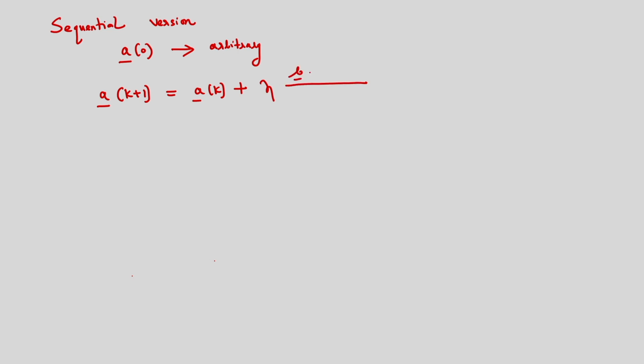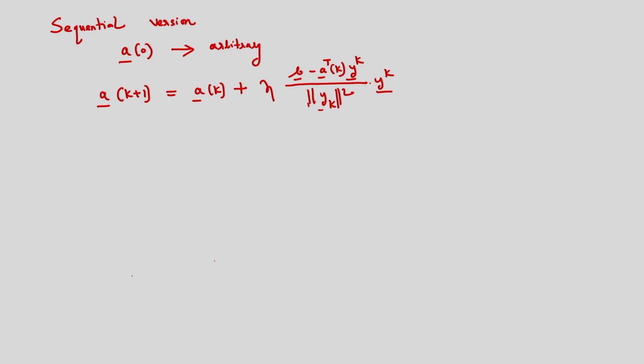Again we have to select A0 arbitrarily, and the value of A in the k plus 1 iteration is a k, the weight vector at the kth iteration, plus eta, the learning rate, times B minus A transpose k y k, divided by mod y k square, times y k. This y k is nothing but the samples which are misclassified by the weight vector a k.